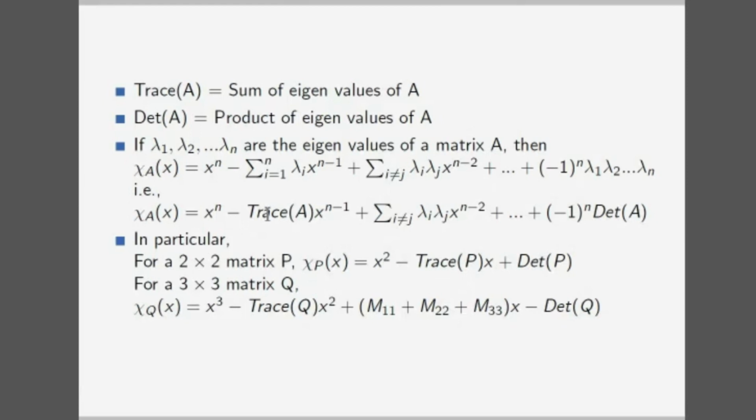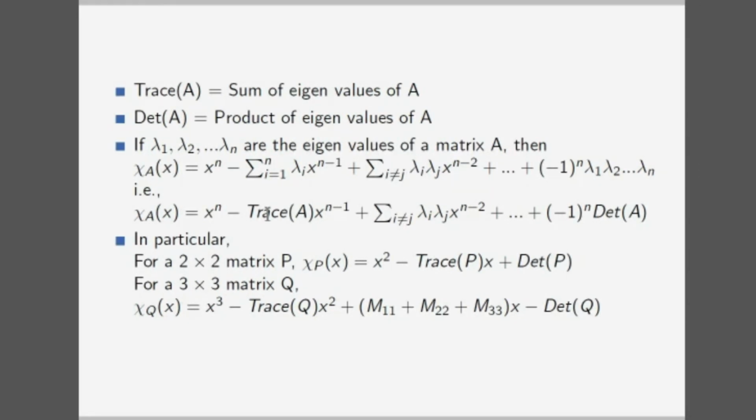lambda n, then from that we can calculate the characteristic polynomial of that matrix. It is given by x to the power n, minus the sum of all the eigenvalues times x to the power n minus 1, plus the sum of products of eigenvalues taken 2 at a time times x to the power n minus 2, and so on, plus minus 1 raised to n times the product of eigenvalues.